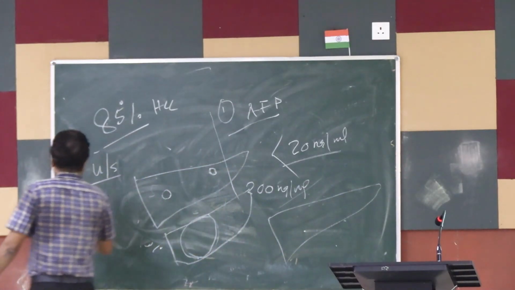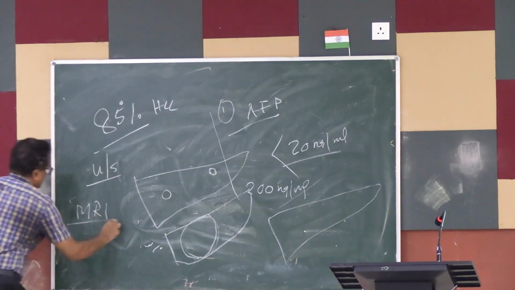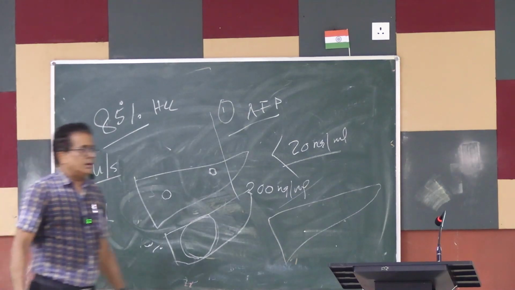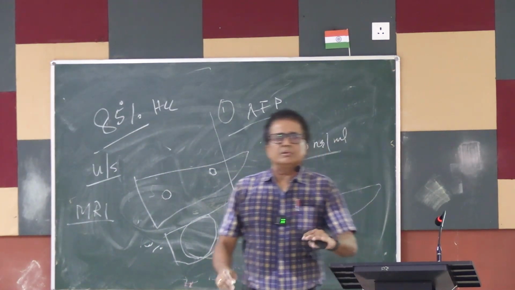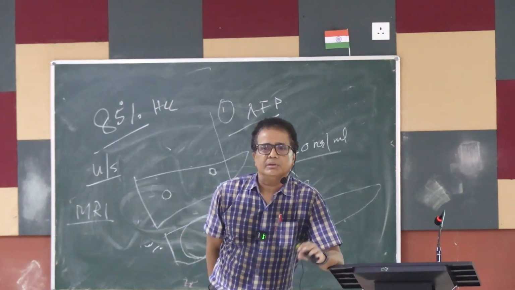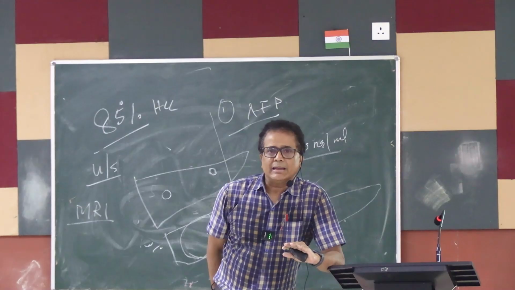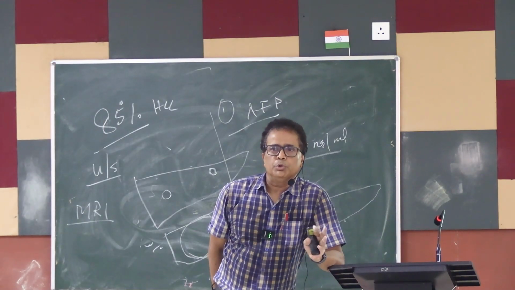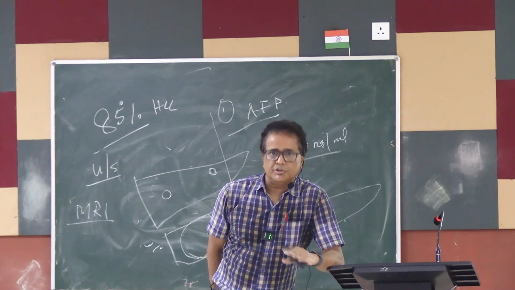And then there is MRI. The importance of MRI: it is the diagnosis of choice when a patient has cirrhosis, who usually has a lot of nodules. This MRI can actually differentiate a nodule caused by hepatocellular carcinoma from a regenerative or dysplastic nodule that is inherent to the cirrhosis.